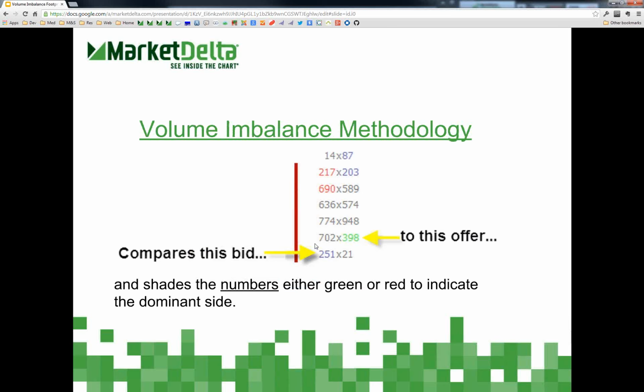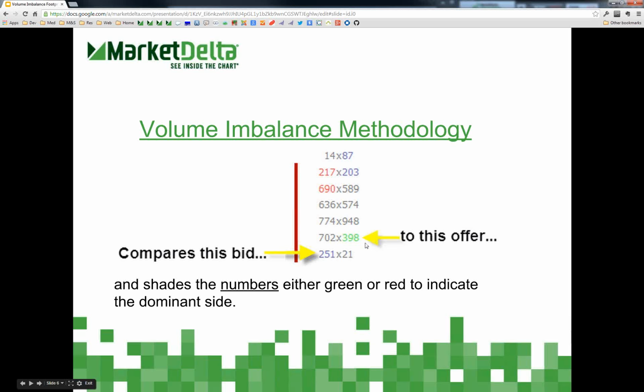So here's the volume imbalance methodology. We compare the bid against the offer. So this is actual volume imbalance footprint, and it's represented the relationship. We're looking at how much traded on the bid and how much traded on the offer.